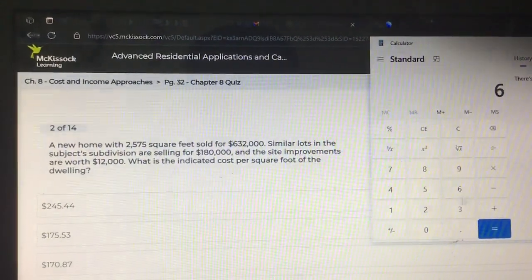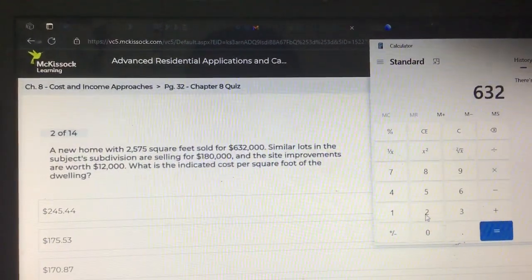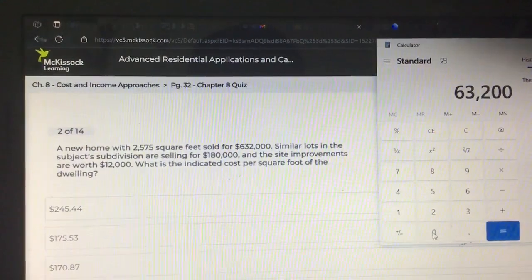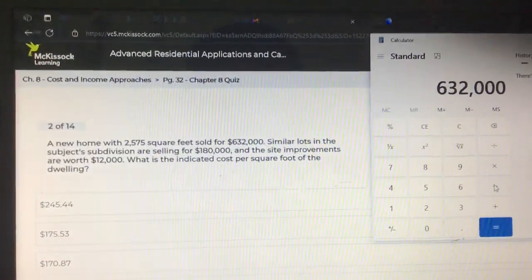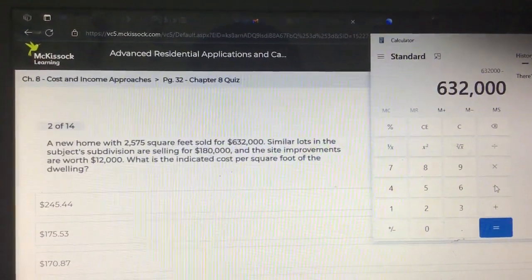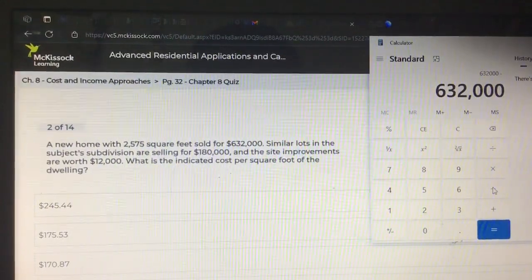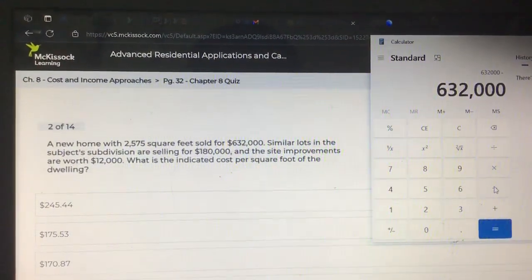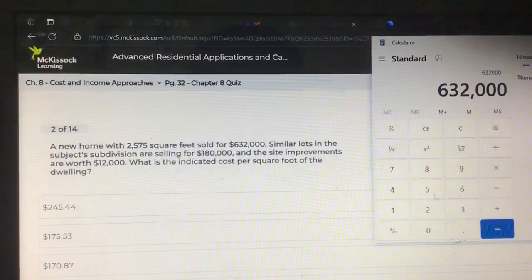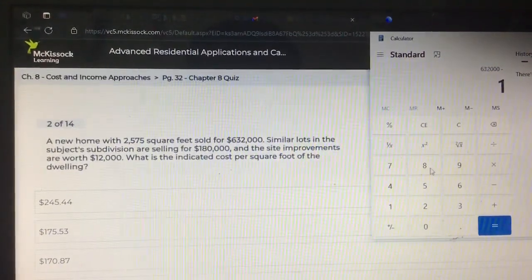We enter in the price of the subject, $632,000. And then you're going to minus the similar lots, which was $180,000.